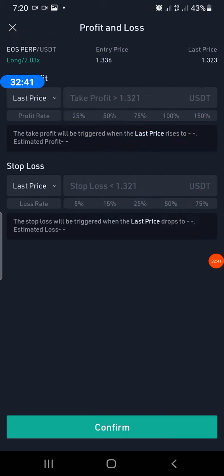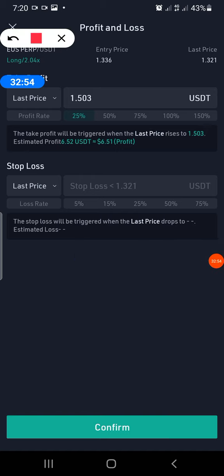So here, assume I want to take profit at 25%, I can select take profit at 25%. Then it will calculate and tell me that at 25%, my estimated profit will be 6.52 USDT. If I select 50%, it will show me that my estimated profit will be 13.03 USDT. Same goes when I select 75%, 100%.